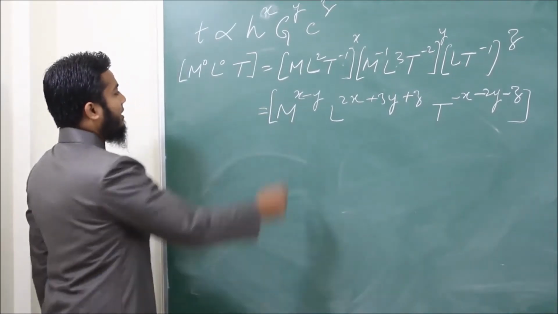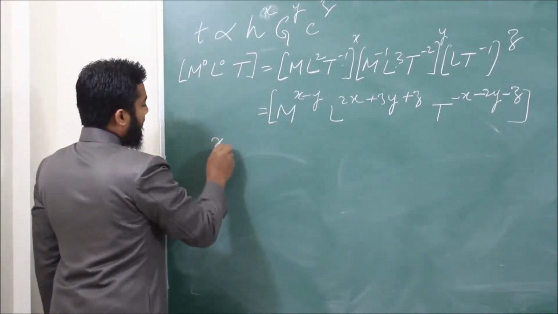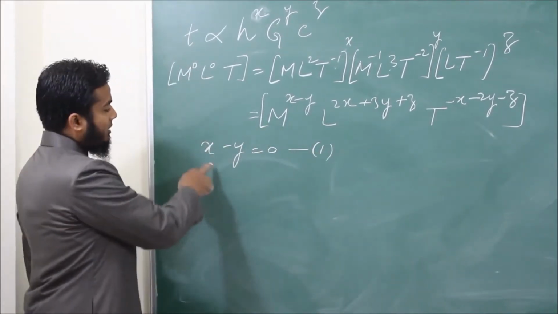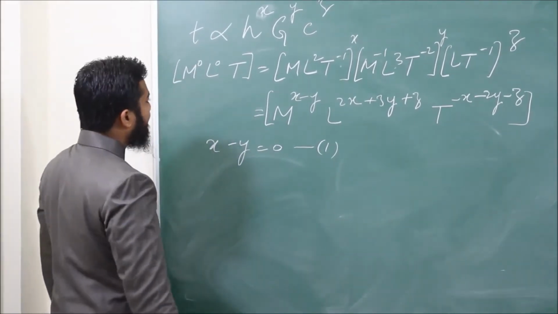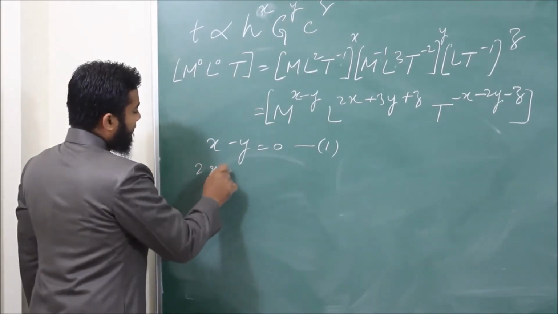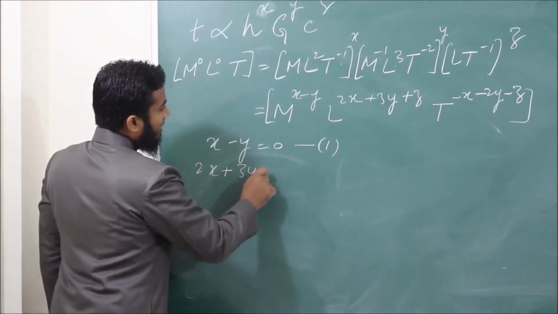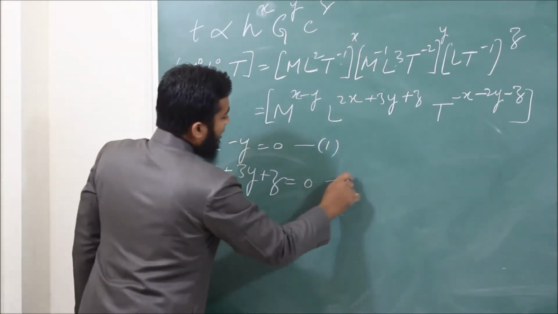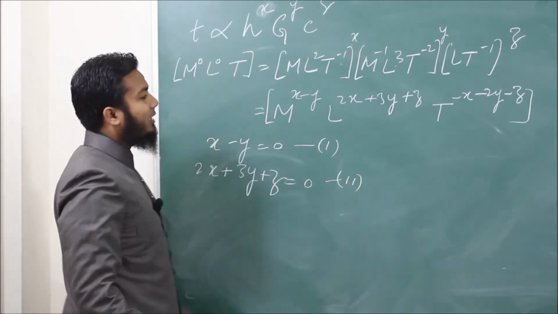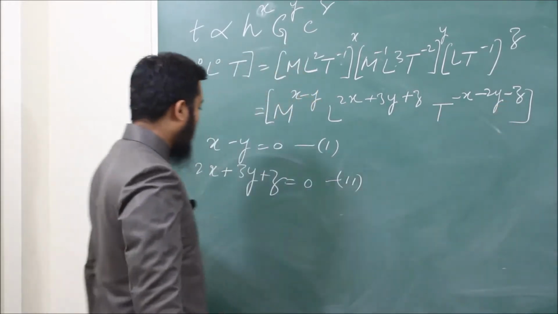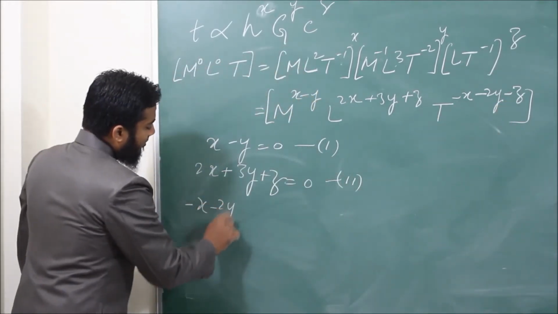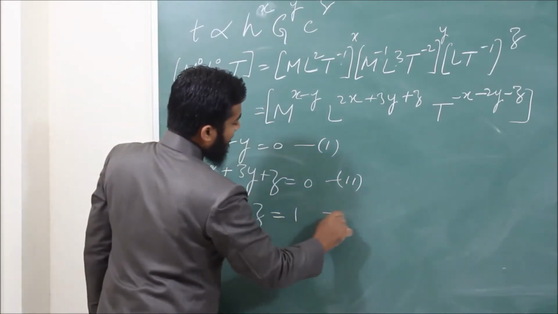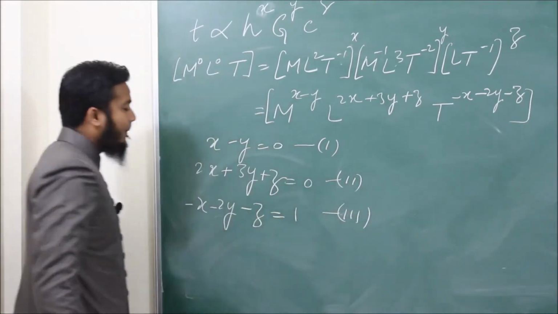So x minus y will be 0, equation 1. So you can see from here x and y will be the same. Then 2x plus 3y plus z will again be 0, second equation. And then minus x minus 2y minus z will be equal to 1, the dimension of time on the left hand side.